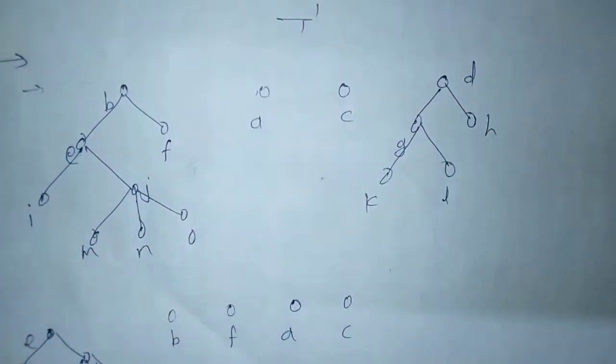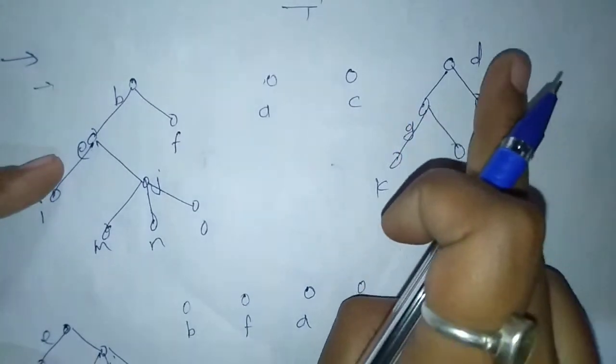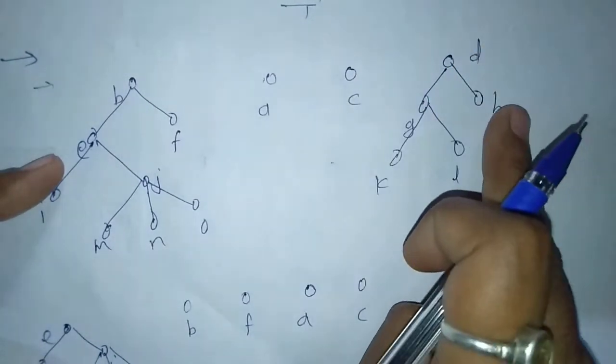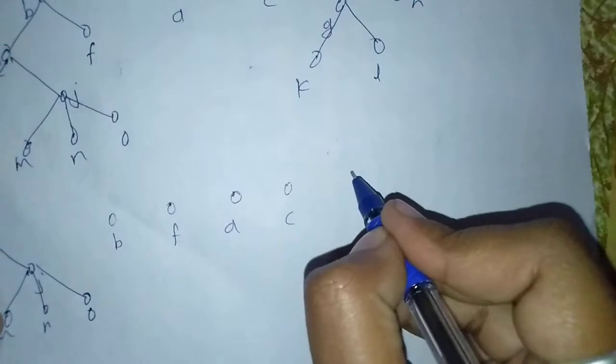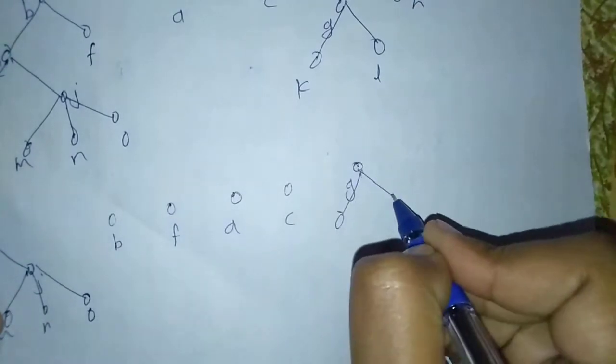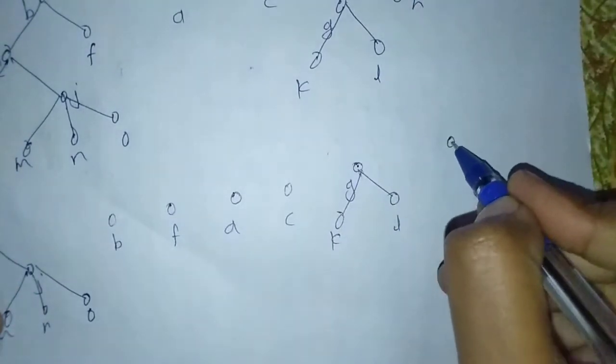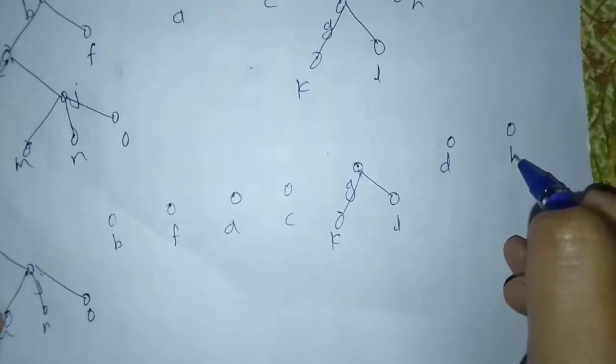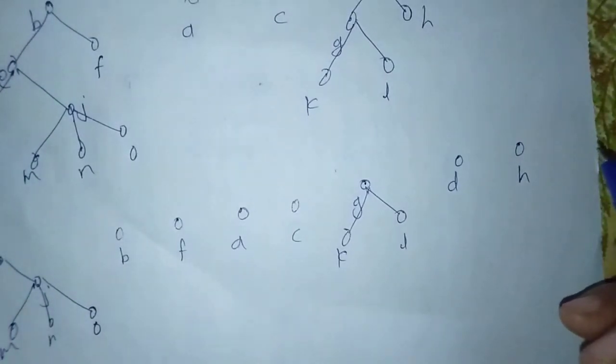And for this ordered rooted tree, first take this, and next root and next subtree. So G, K, L, D and H.